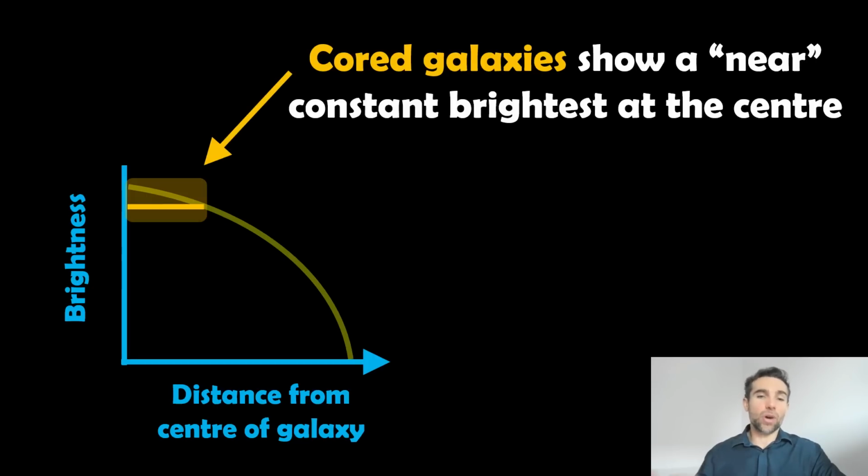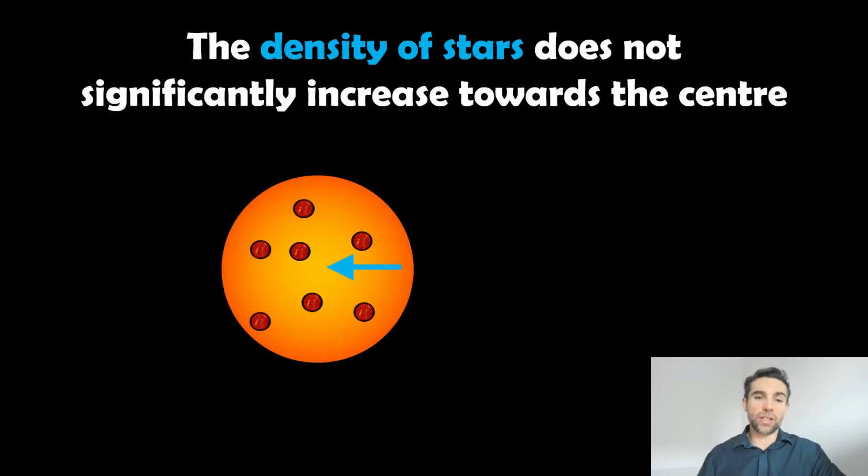They have a constant brightness. They're not constantly increasing. What that's telling us physically is that the density of stars doesn't significantly increase towards the centre. So physically, that's kind of what we expect to happen here.